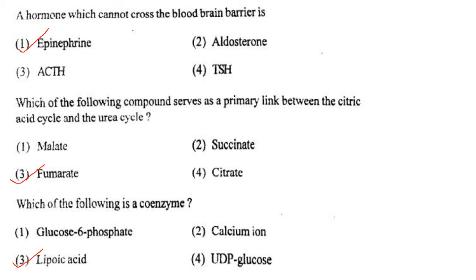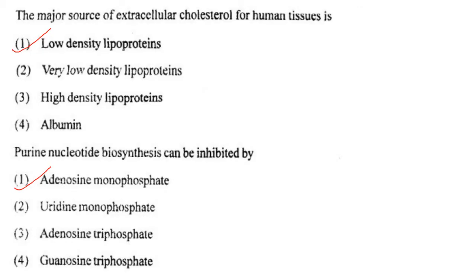Which of the following is a coenzyme? Option 1, glucose 6-phosphate; 2, calcium ion; 3, lipoic acid; 4, UDP glucose. Answer is option 3, lipoic acid. Next one. The major source of extracellular cholesterol for human tissues is: option 1, low density lipoprotein; 2, very low density lipoprotein; 3, high density lipoprotein; 4, albumin. Option 1, low density lipoproteins.